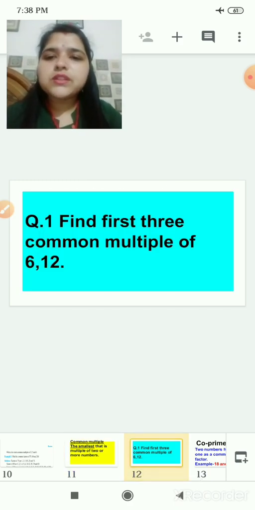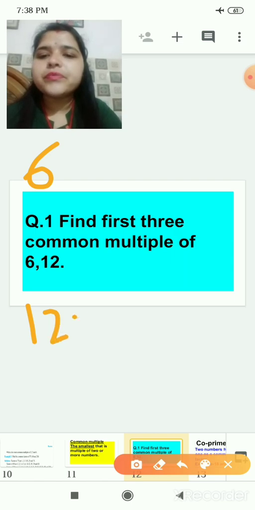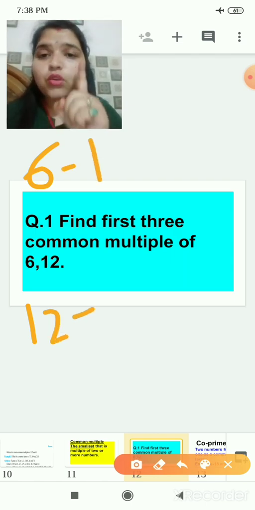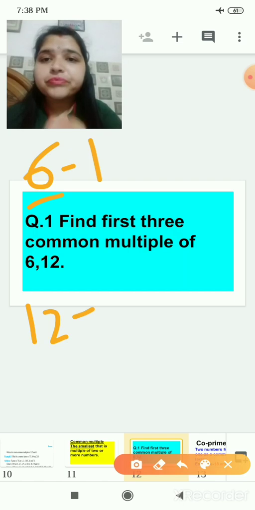As you can see here, find the first 3 common multiples of 6 and 12. Here it is saying common multiple. It means multiples, but they should be the same for both. Like I am taking 6 here and 12 here. Write down: 6 will come in the table of 1. If we are finding factors, 1 is the number which is a factor of every number.